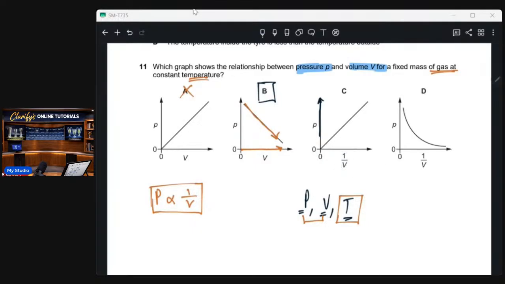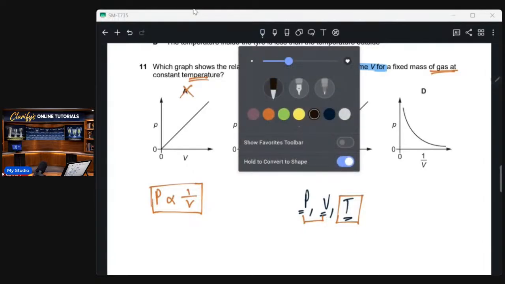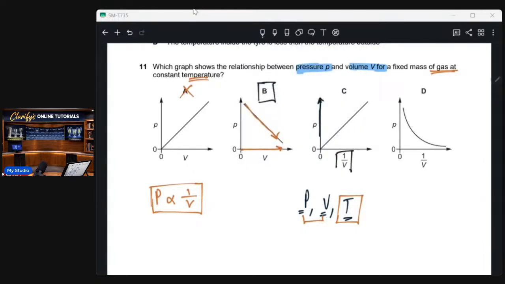Listen to this, everybody, watch this. What is going on here? 1 over V means whatever is happening here, take it vice versa. If I look at this graph, it's going towards the right, which seems to tell me that volume is increasing.